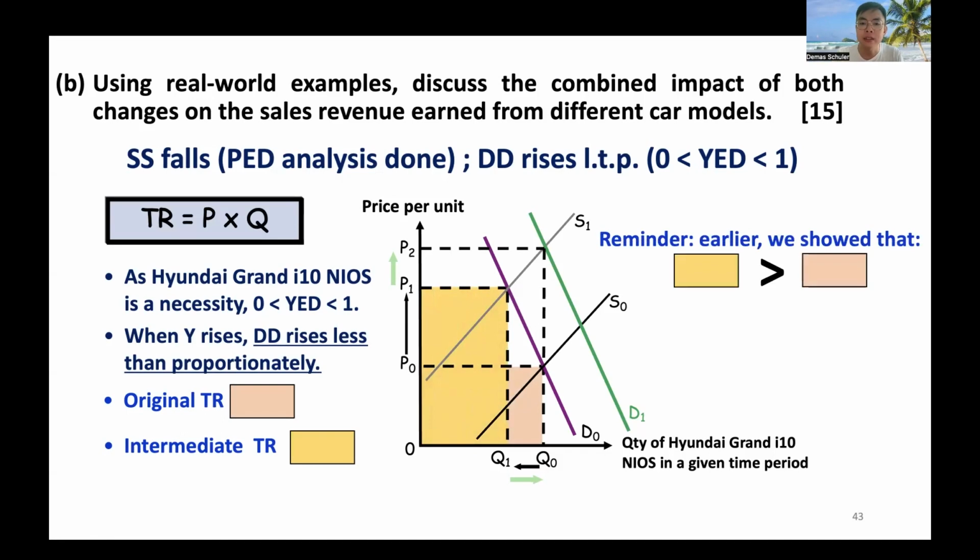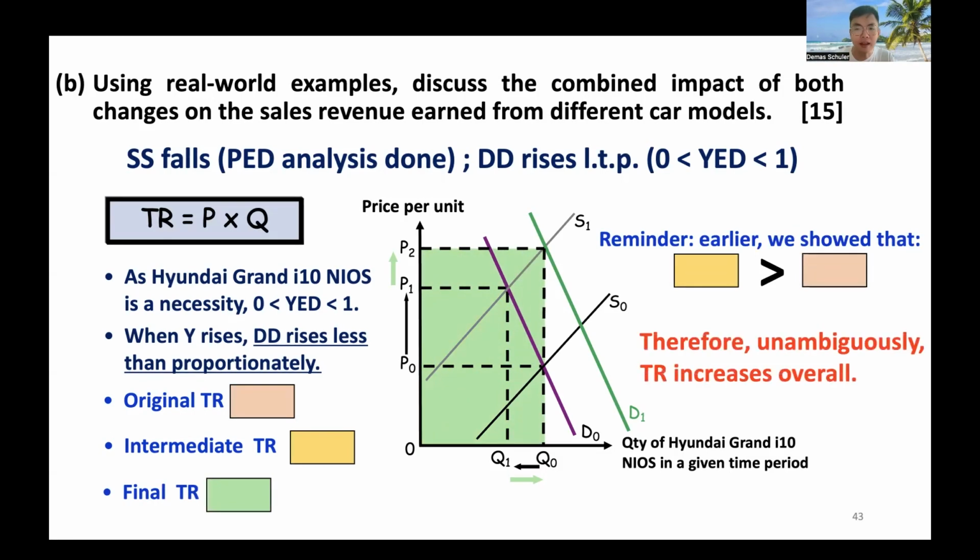But now we are at the combined analysis portion, right? And as mentioned earlier, we showed that the yellow region, as you can see on the slide, is greater than the beige region, right? But the final total revenue is going to be the green portion, so the entire thing, which is actually P2 times Q0.